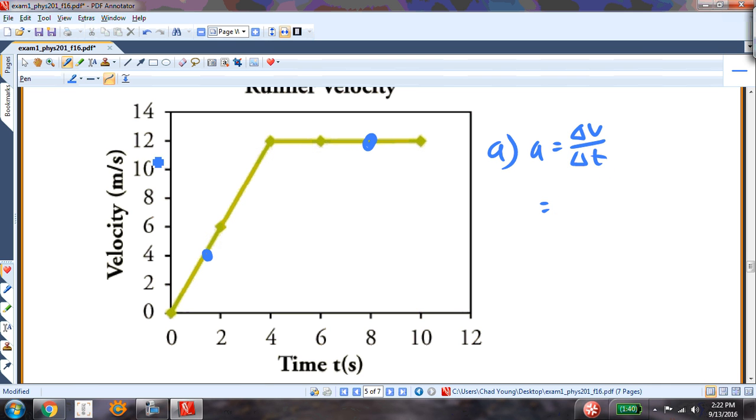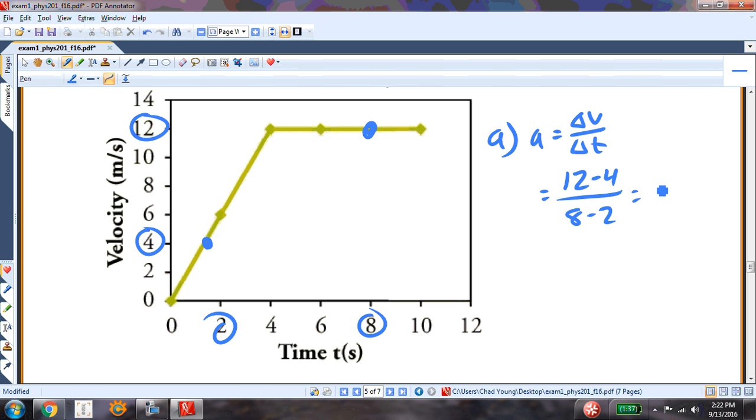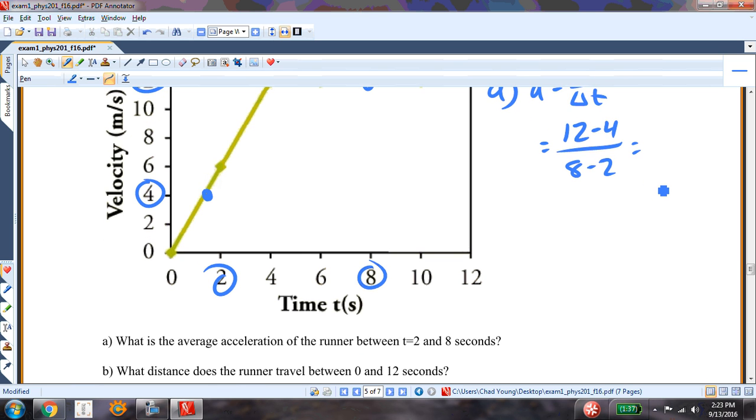That's going to be 12 minus 4 divided by 8 minus 2. 12 minus 4, so that's 8 over 6, which is 4/3.